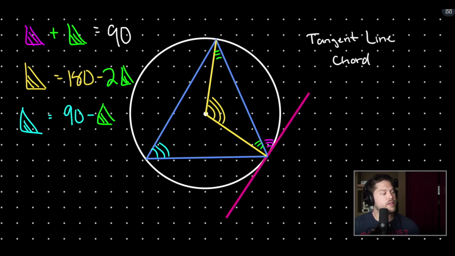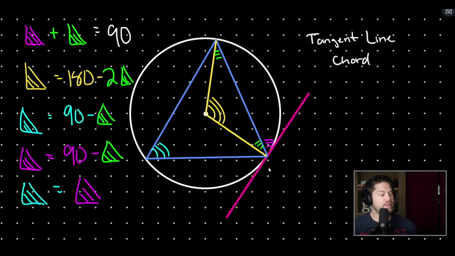Now notice from this top equation that if we subtract the green angle from both sides, our purple angle is equal to 90 minus our green angle as well. Therefore, we can say that our blue angle is equal to our purple angle.